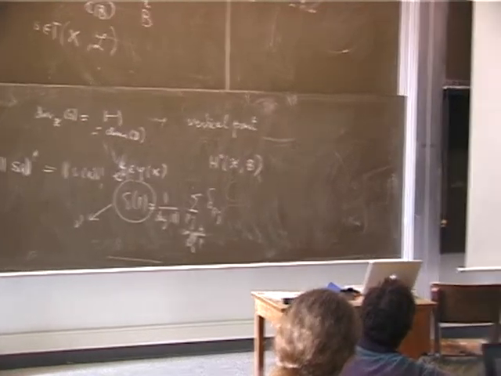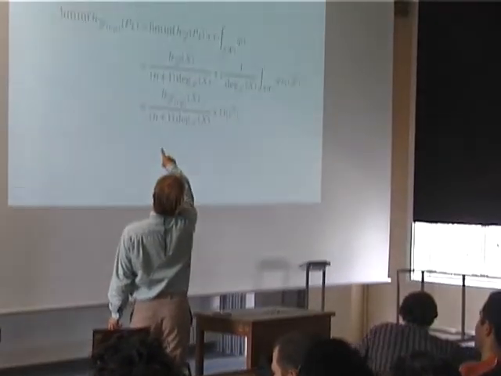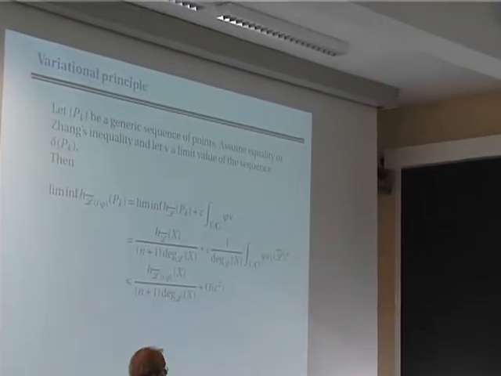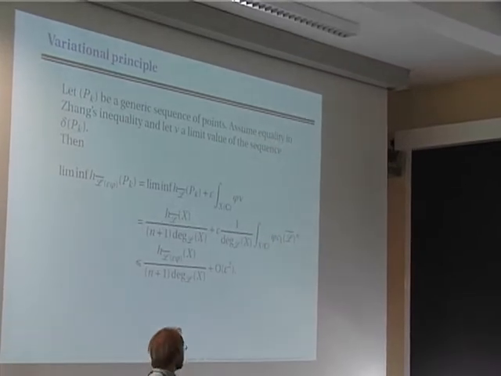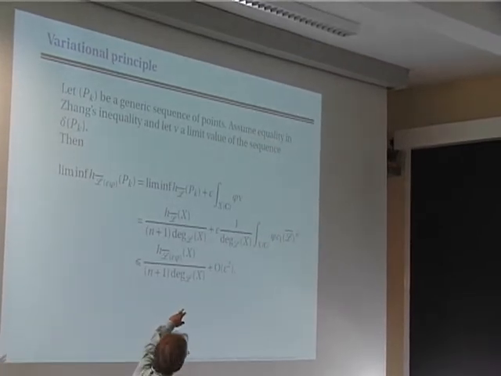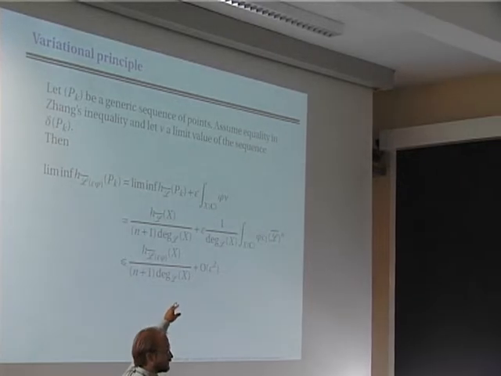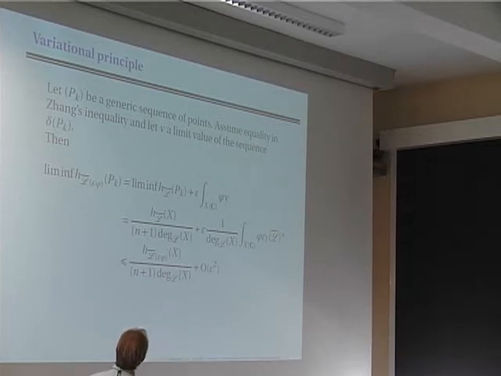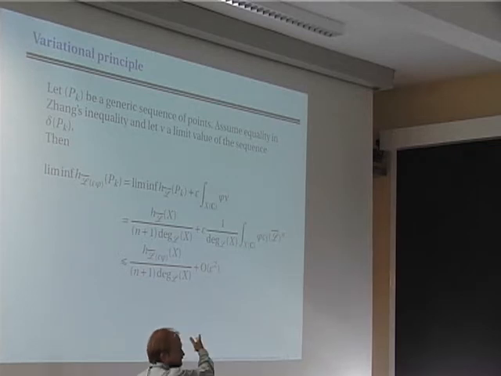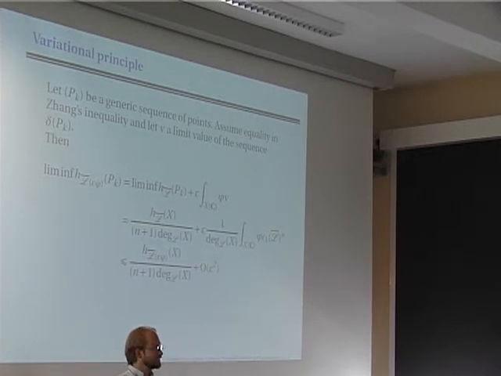First of all, the infimum limit of h of p_k is, by the formula for the height of points, the infimum limit of the height of p_k for the old line model plus epsilon times the integral of phi against nu. Now what is the infimum limit of the height of p_k? By assumption, it's just the height of X divided by n plus 1 degree of X, because I assume that the sequence p_k was achieving equality in Zhang's inequality.